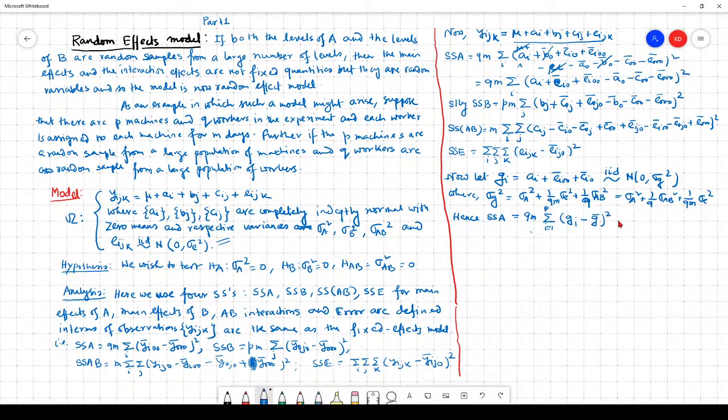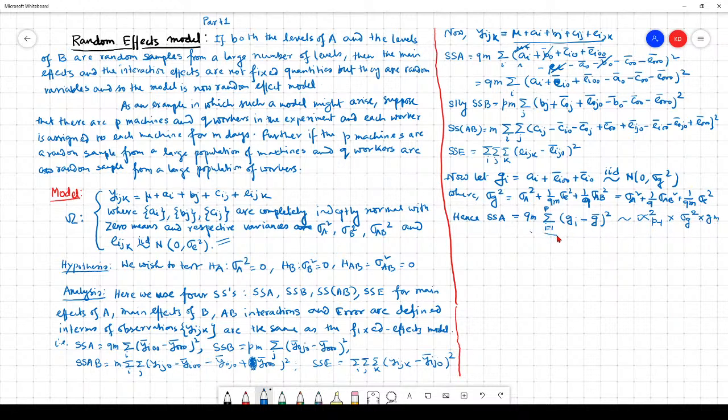So this follows, using orthogonal transformation, chi square with degrees of freedom p minus 1 into sigma G square, and for this we need to add the Qm term.